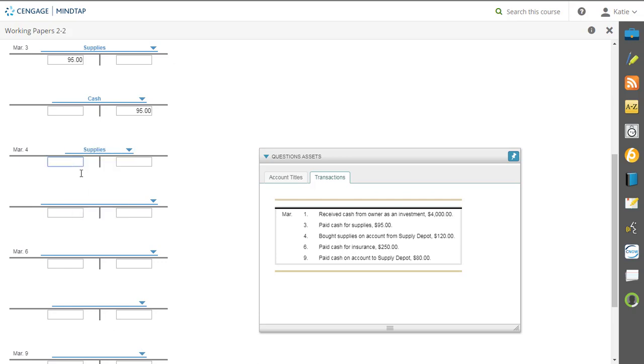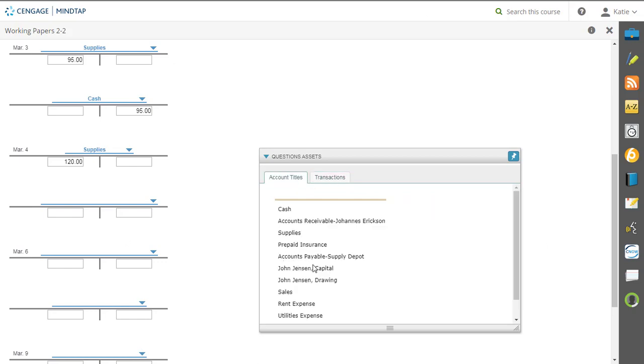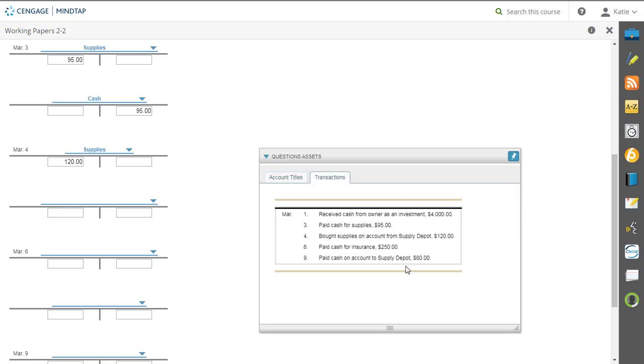I asked myself all of those questions before I type anything in. Ethan, what's the other account that we're affecting for bought supplies on account from Supply Depot? Yes, and if we look under account titles, you can see it tells you it's accounts payable Supply Depot.